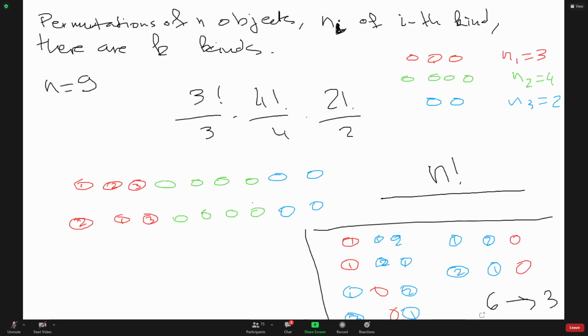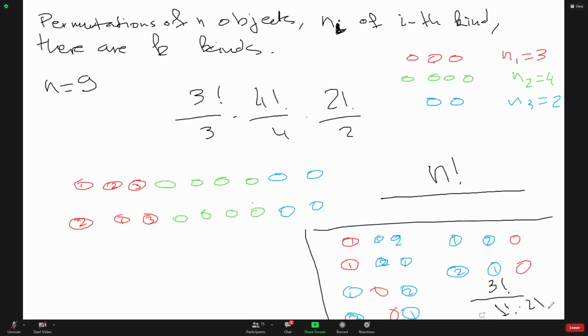So what is it that I want here? What was 6? N factorial. 6 is 3 factorial, because I have 3 balls, right? And what do I divide with? 1 factorial, 2 factorial, multiplied by 2 factorial.